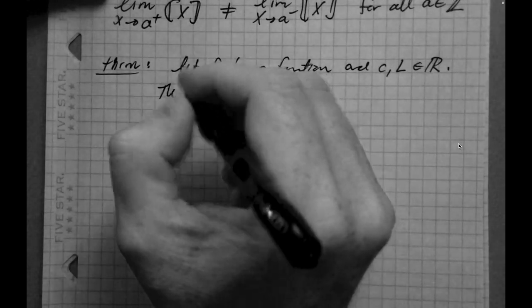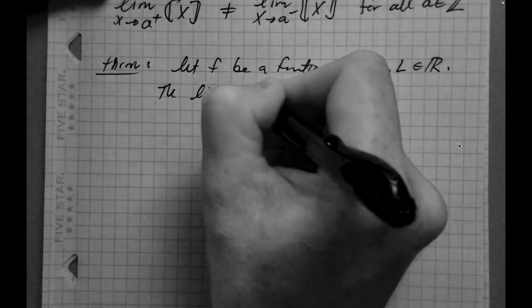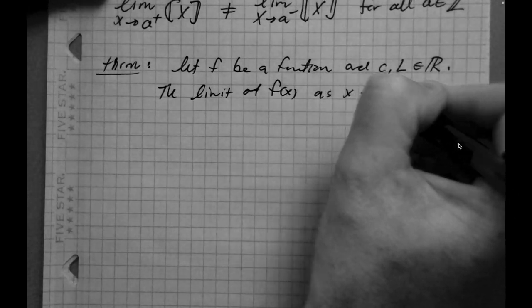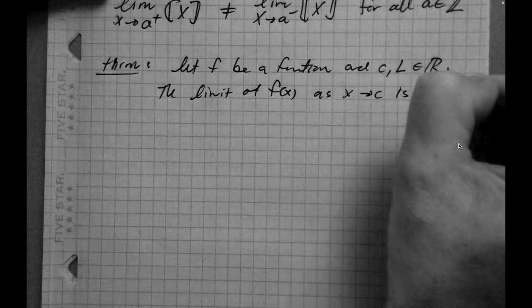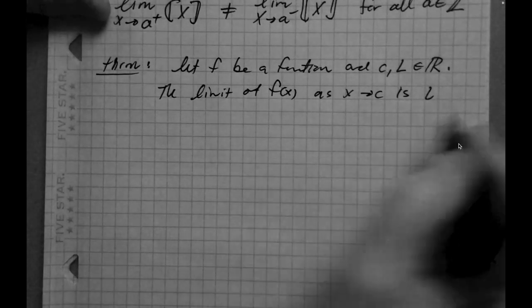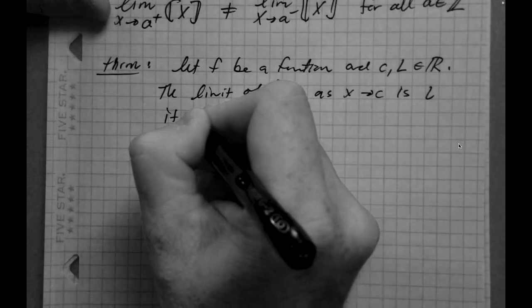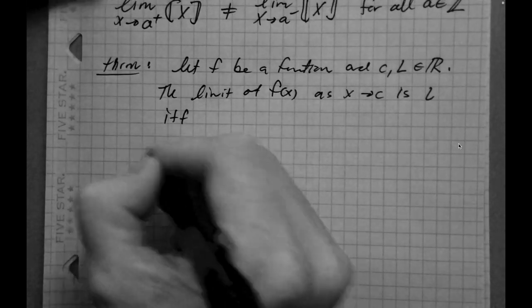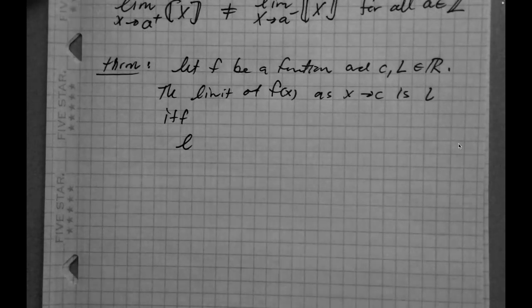The limit of f of x as x approaches c is L if and only if the left and the right-hand limits are both L.